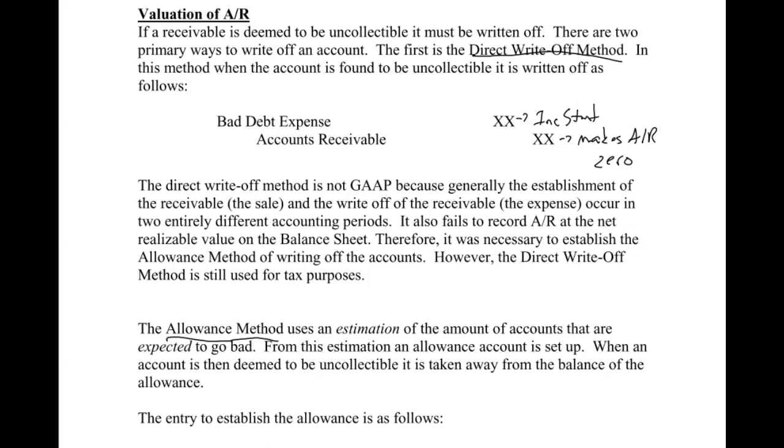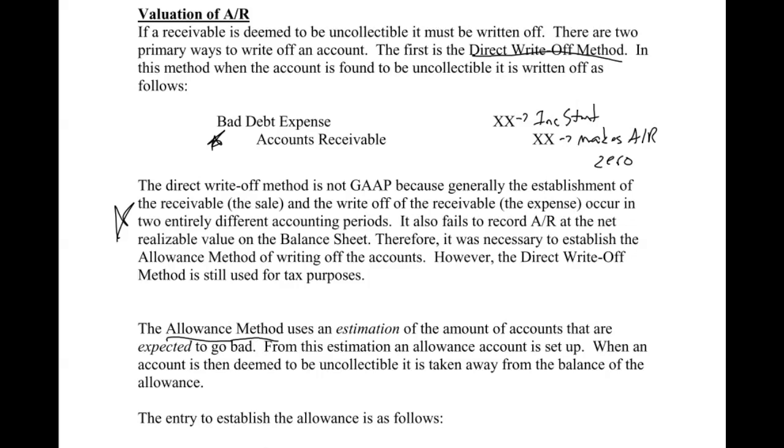But if you notice here, let's star this: the direct write-off method is not GAAP because generally the establishment of the receivable and the write-off, this journal entry right here, is in a different accounting period. Remember, when possible, we want to have the revenues and the expenses associated with those revenues in the same time period.